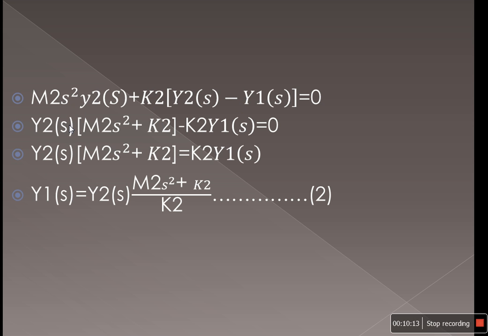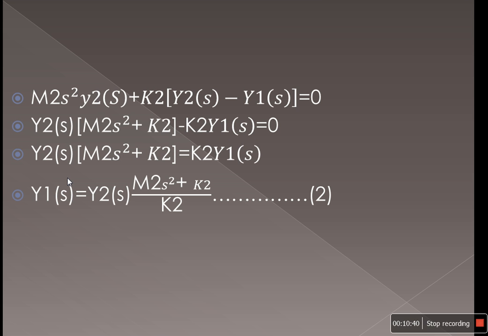Now again segregate the terms of y2 of s and y1 of s. So y2 of s into m2 s square plus k2, minus y1 of s into k2, equals 0. I am taking this k2 into y1 of s term to the right hand side. So y2 of s into m2 s square plus k2 equals k2 into y1 of s.